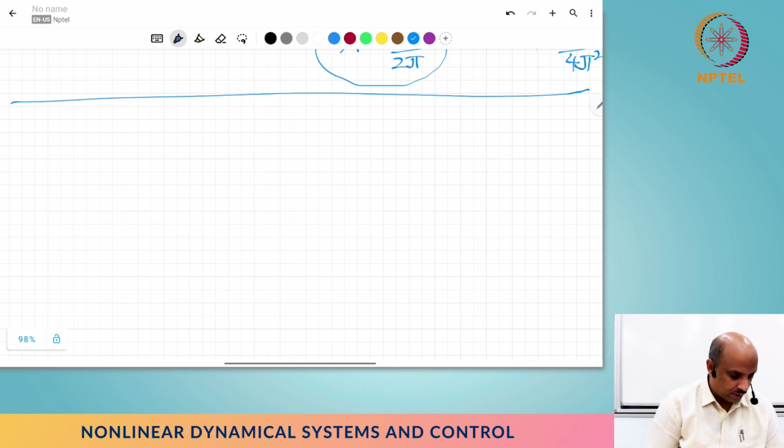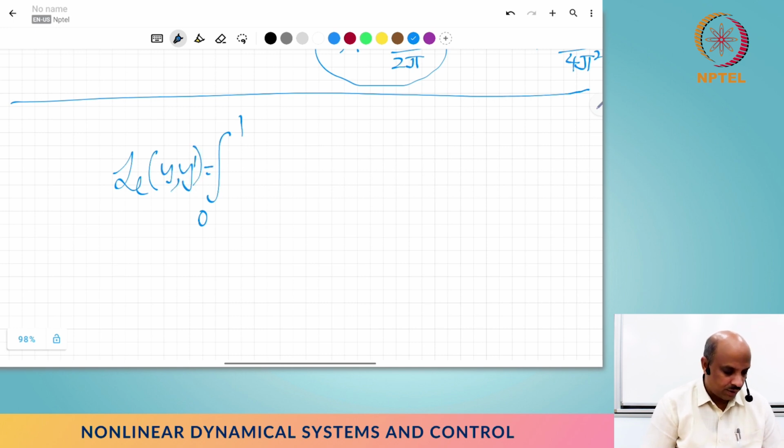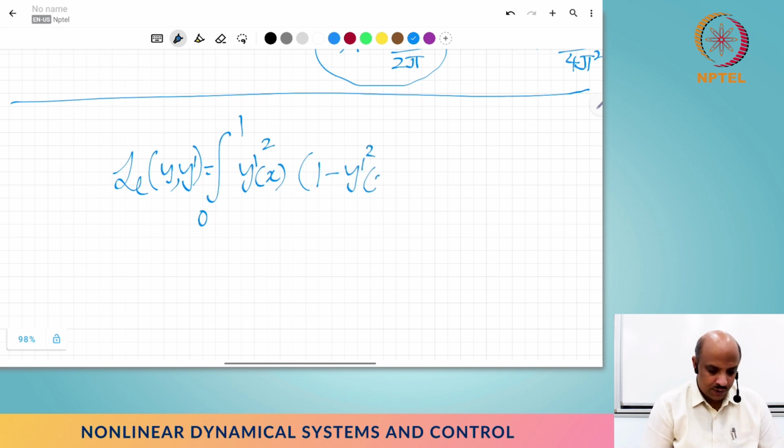So these are unconstrained problems. Basically we have something like the integral from 0 to 1 of a function of y comma y prime, let's say y prime square of x times 1 minus y prime square of x, dx, right?